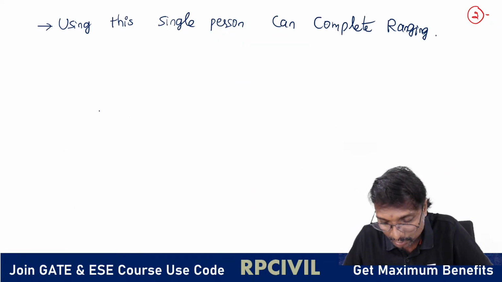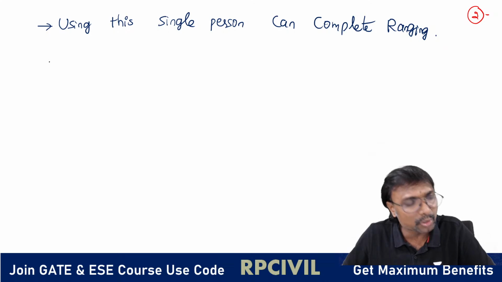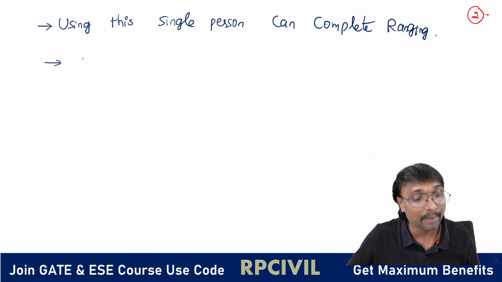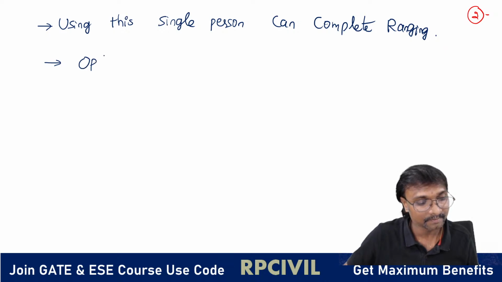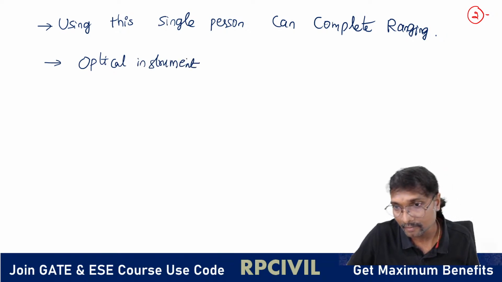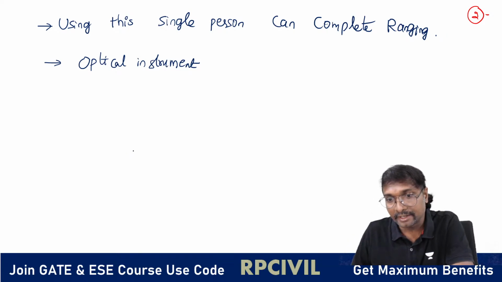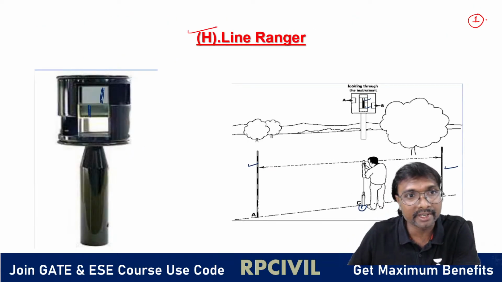Here, is it an optical instrument or a normal non-optical instrument? It is an optical instrument. These vertical blue color lines must be coinciding with each other.